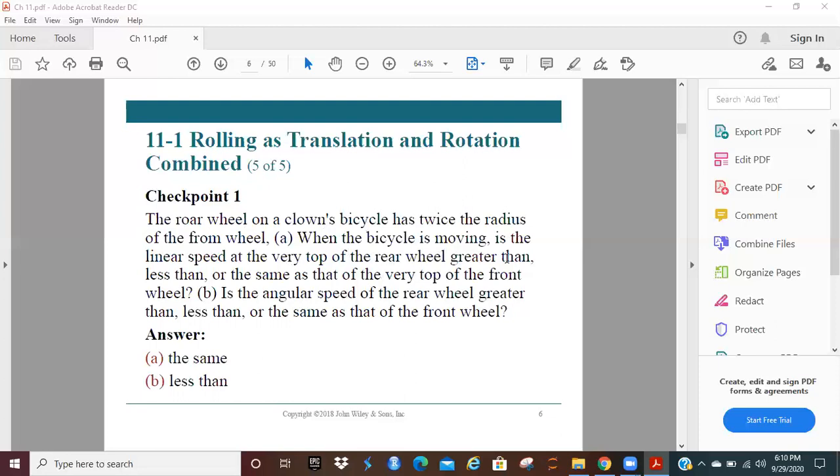If we look at the very top of each wheel, the velocity of the center of mass is the same. However, the rear wheel has twice the radius of the front wheel, so its angular speed is going to be less than the angular speed of the front wheel in order to compensate. The angular velocity works inversely to the radius. If the radius becomes bigger, then the angular velocity has to become smaller.